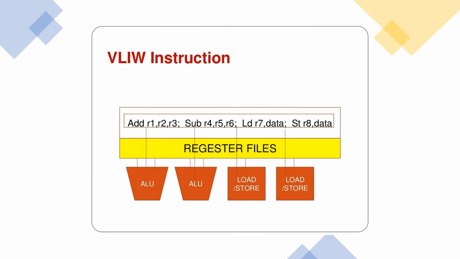Now consider this instruction. It has add R1, R2, R3 registers, subtract R4, R5, R6 registers, load data from R7 and store data in R8. As I just said, VLIW systems can have more than one ALU.